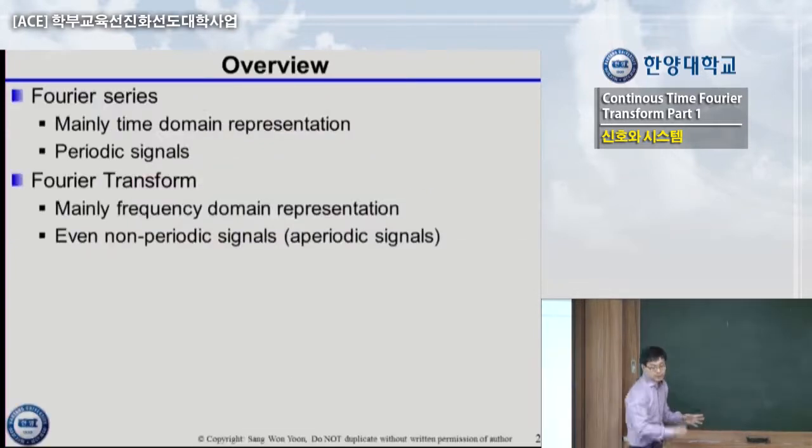In Fourier series, I think those definitions, or knowing which equation to use, is very important for the future. Because I don't know what your major will be, but whenever you work, you will deal with a system.